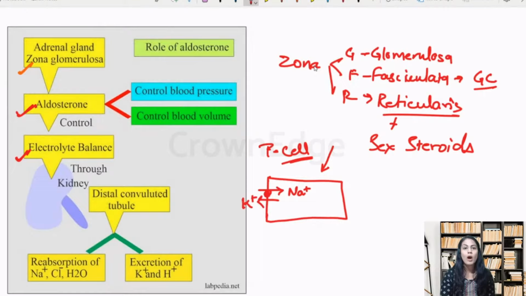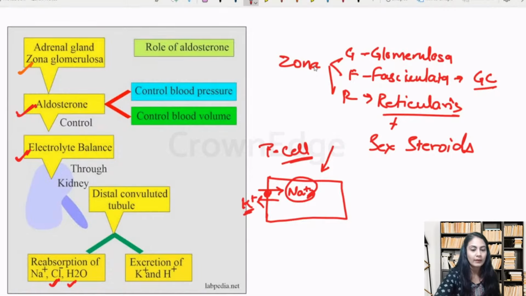Why is it doing so? Because we absorb one positive ion, and to maintain the electrical balance in our body, either we have to absorb one negative ion with it, or we have to secrete one positive ion. That is how brilliant the body is: it absorbs the sodium and releases the potassium. It also helps in the absorption of chloride and water, since water follows sodium.